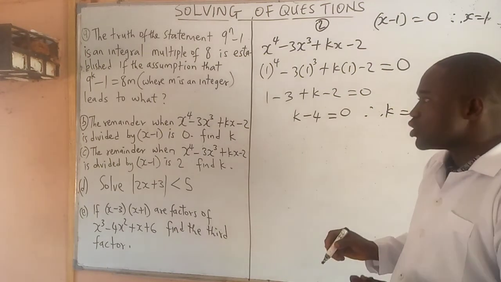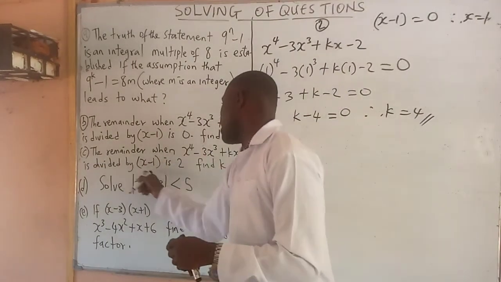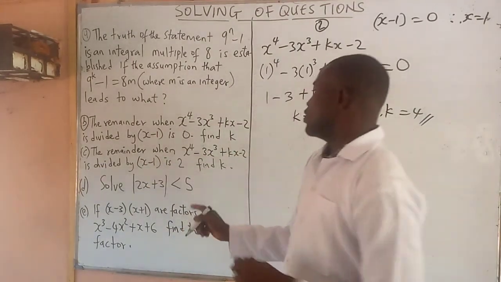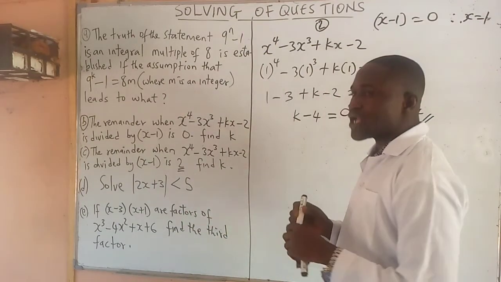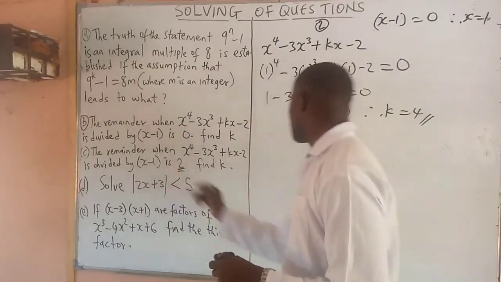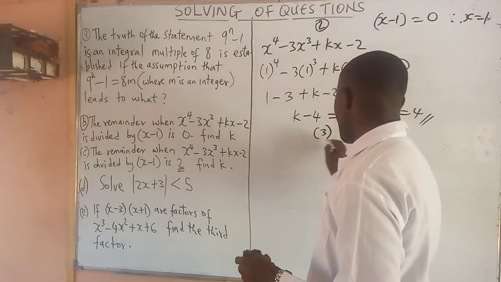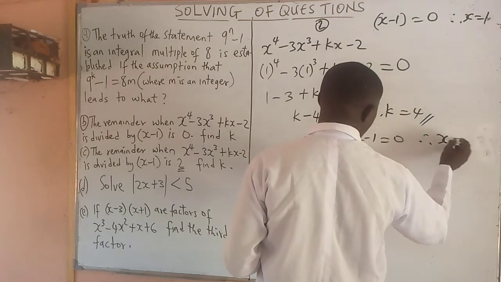Now, question number 2, they said the remainder when this is divided by this is 2, find k. Since it has a remainder, we now say it is under the remainder theorem. That means when you equate x minus 1 to 0, it will imply that x equals 1.